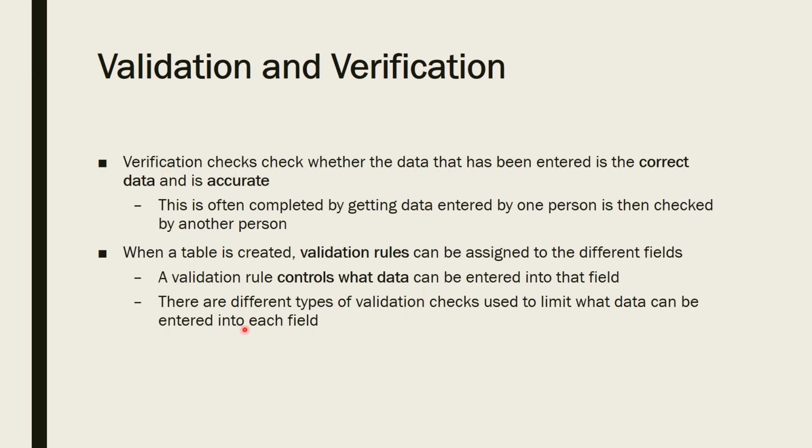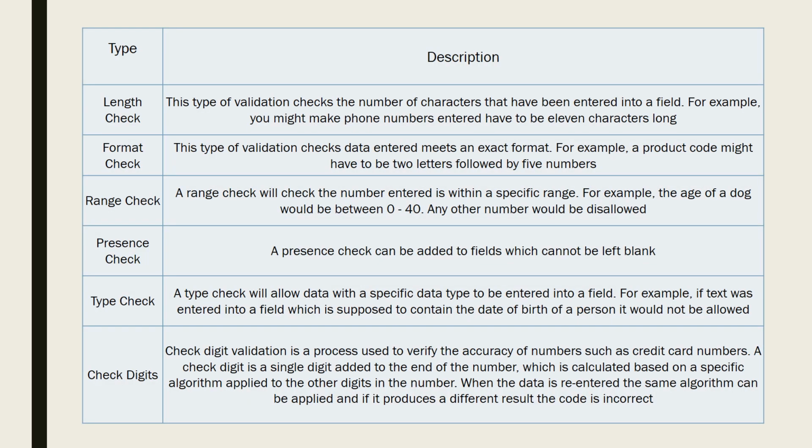There are different types of validation checks used to limit what data can be entered into each field. It's going to be the same, the data types are going to be the same, but there will be just a minor difference. Length check: this type of validation checks the number of characters that have been entered into a field.